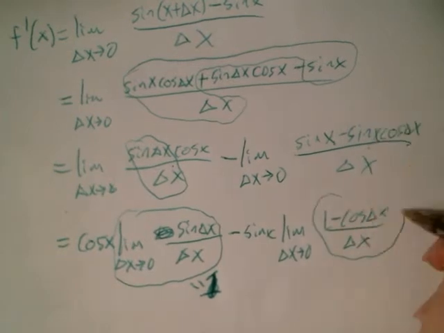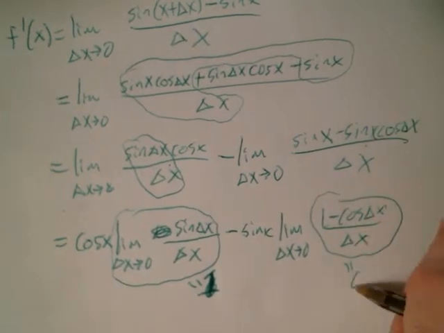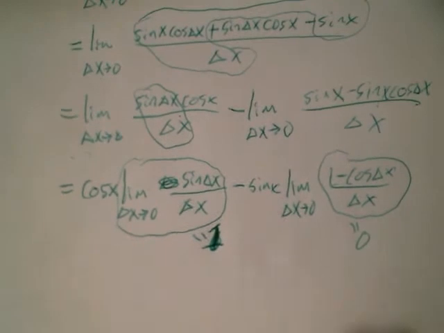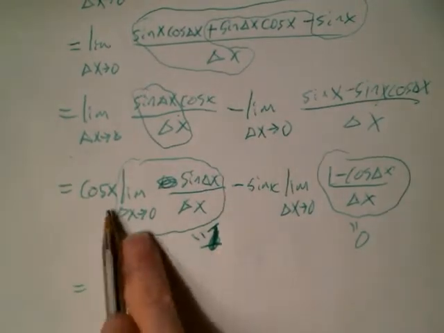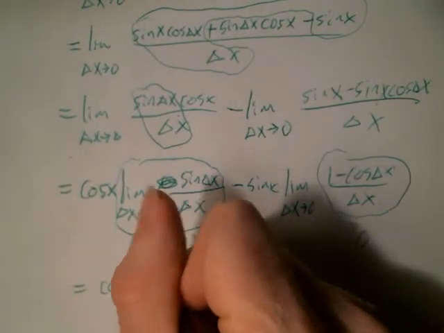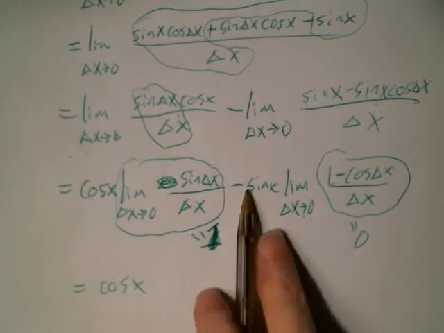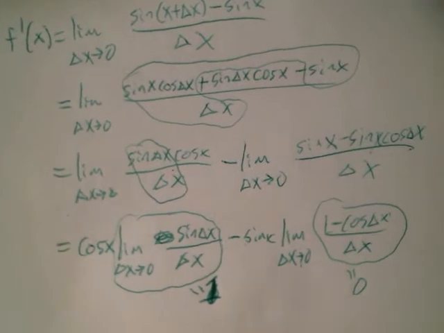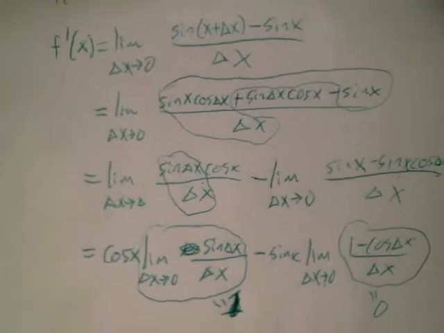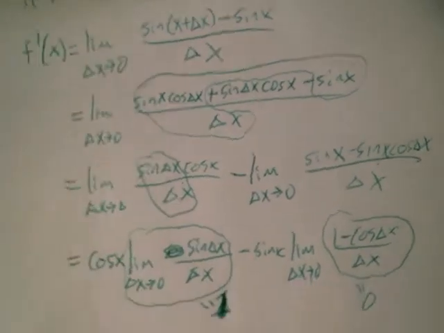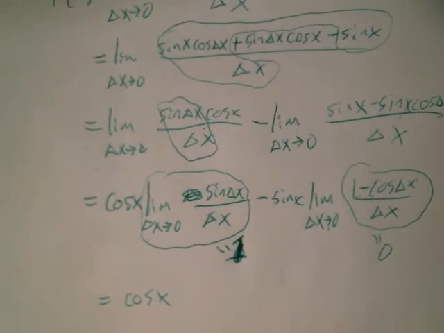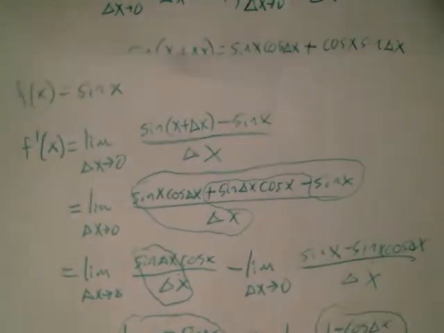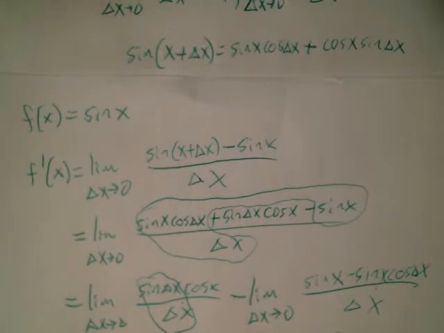This character we know is equal to 0. So this will be cosine x times 1, which is just cosine x, and then sine x times 0, which will be 0. So we've shown through the limit definition of the derivative that the derivative of sine x is cosine x.